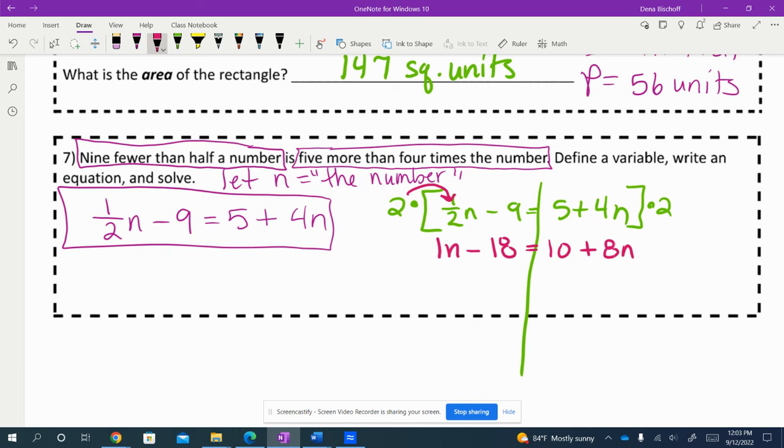Okay, so I am going to subtract 8n from both sides. 1 minus 8 is negative 7. So I have negative 7n minus 18 equals 10. I'm going to add 18 to both sides.